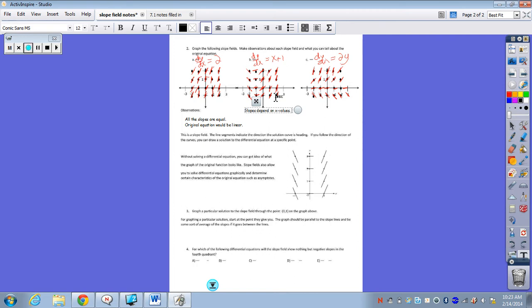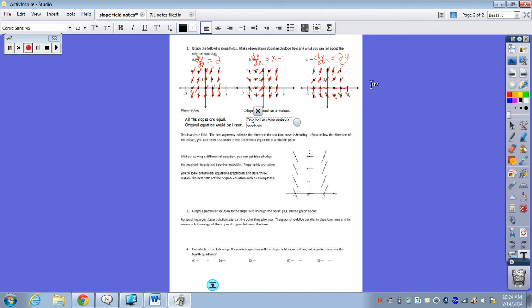So they keep getting steeper as we go to the right, and they keep getting more negative as we go to the left. Okay? And we can see that if we traced along, if we would draw the original equation, the original solution would make a parabola. Which makes sense because if we integrated this, we would get x squared over 2 plus x, which is a quadratic.